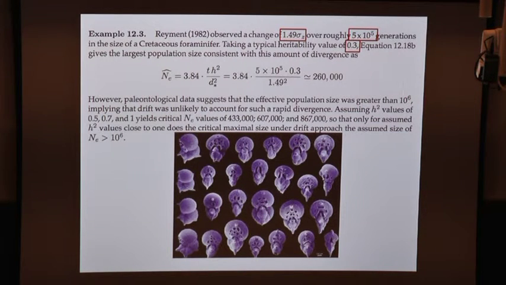It's on the order of millions. Now again, you can argue that, but the point here is that that's your critical effective population size. If you assume heritability of 0.5, this goes up to 400,000, 0.7, 600,000, 1, which never occurs, 900,000. So as you tweak heritability, if you're above 1 million in effective population size, it's too much divergence relative to drift.